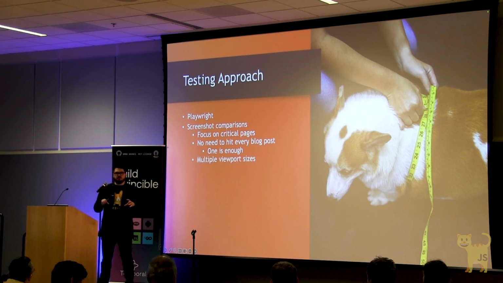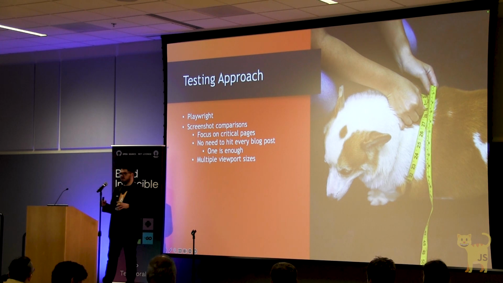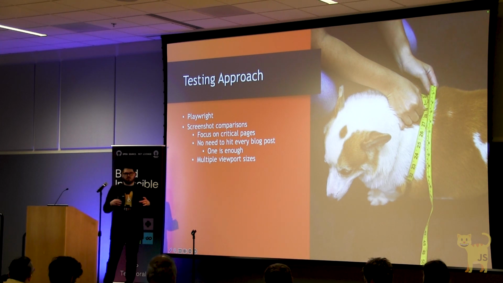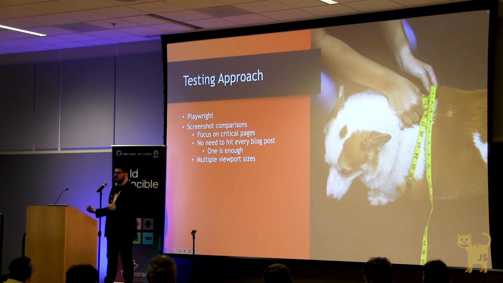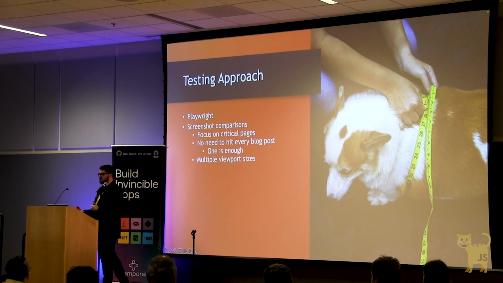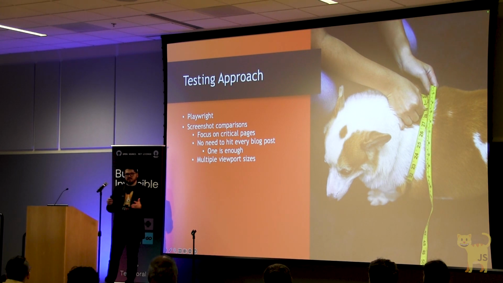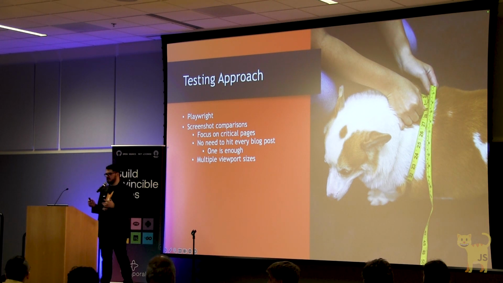I also wanted to test at multiple viewport sizes, because I wanted to make sure that as part of this migration, it didn't just work for the desktop, that everything still rendered correctly for mobile users as well. And that all of the different viewport sizes that can come up for a public website were handled well.